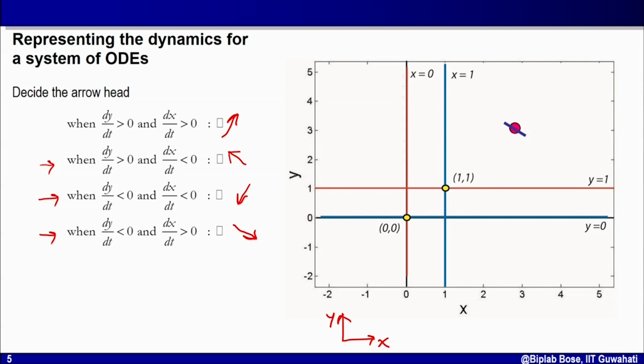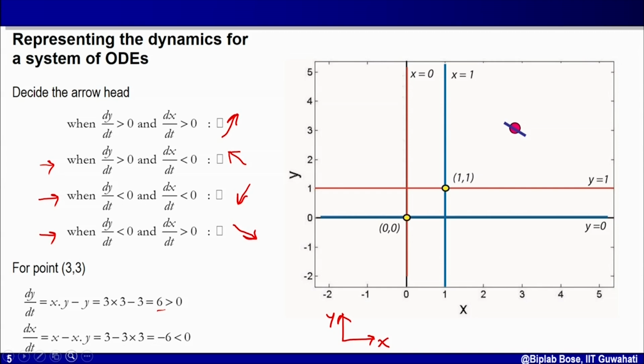So let us go back to our point 3, 3 and calculate what the arrowhead direction will be. At point 3, 3, dy/dt is given by the ODE, x times y minus y, that is 3 times 3 minus 3, that is 6. So 6 is greater than 0. dx/dt is x minus x times y, that is 3 minus 3 times 3.